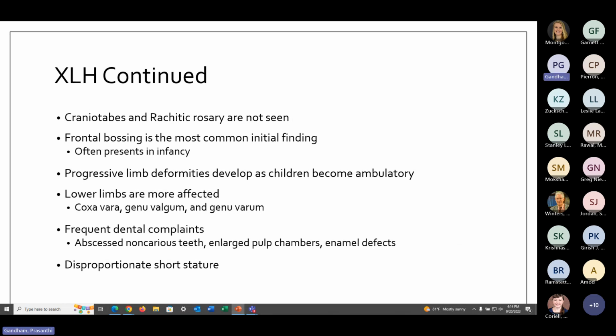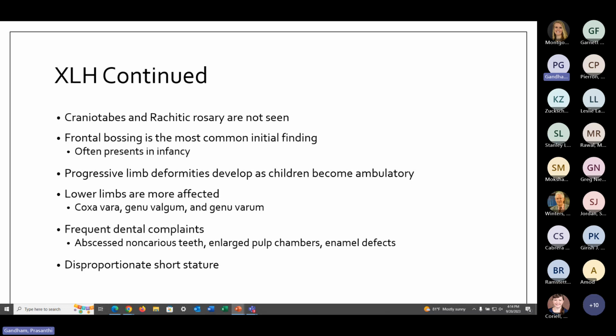Interestingly, in the setting of XLH, craniotabes and the rachitic rosary are not typically seen. Usually the first or most common initial finding is frontal bossing. This can present even in infancy, typically by about 6 months or so. There are also progressive limb deformities that develop as children become ambulatory.